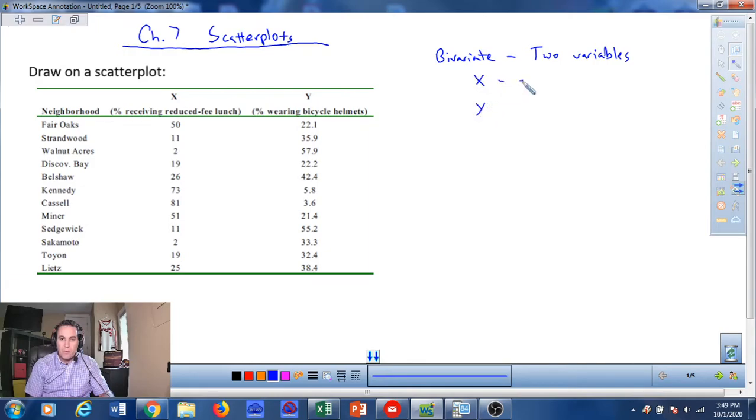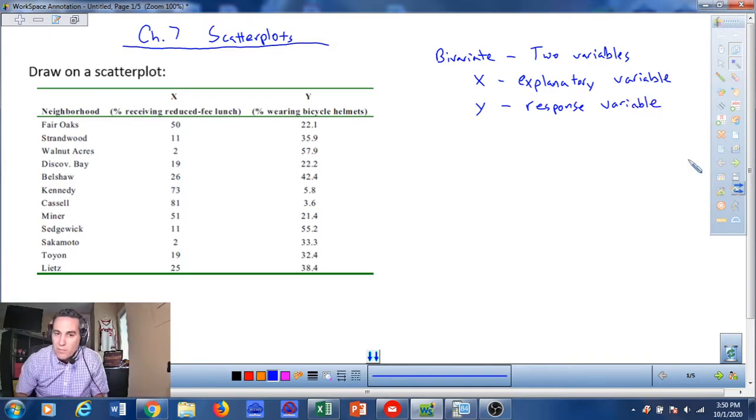The x variable we typically call the explanatory variable because we're using it to sort of explain the other one. And the y variable is usually called the response variable because somehow the y variable is responding to the x variable. So that's called bivariate data.